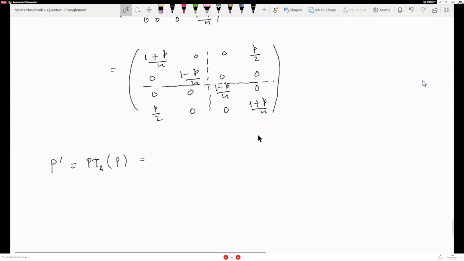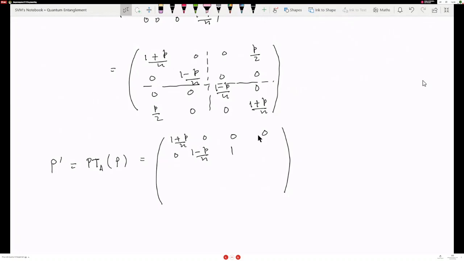The first block has no change. So rho prime is equal to (1 plus p) by 4, 0, 0, (1 minus p) by 4. This block is as such. Now I have to transpose this block, so that is 0, 0, p by 2, 0. And this one is 0, p by 2, 0, 0. And this block doesn't change: (1 minus p) by 4, 0, 0, (1 plus p) by 4.